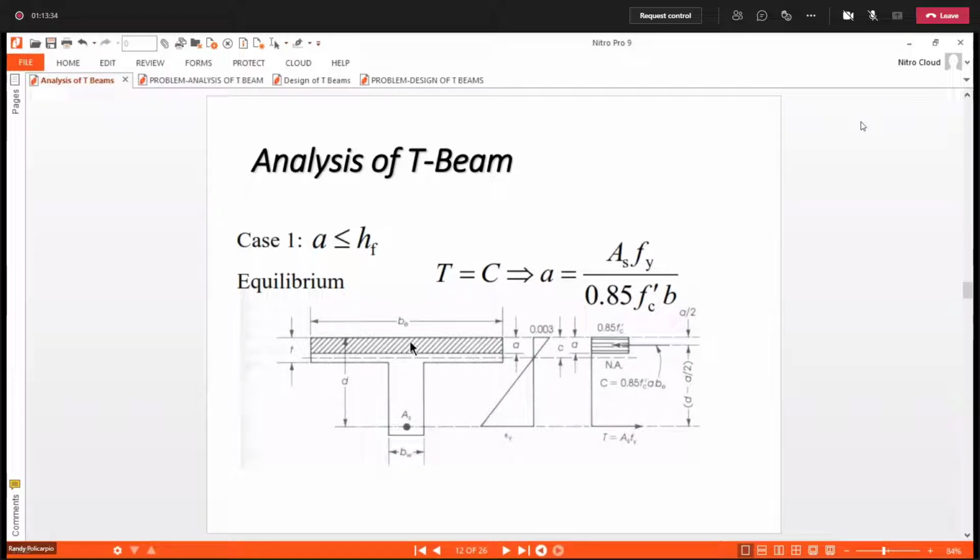I hope that's correct, we will see later. Because that is the area where our concrete is under compression. So that will be b here, so be.